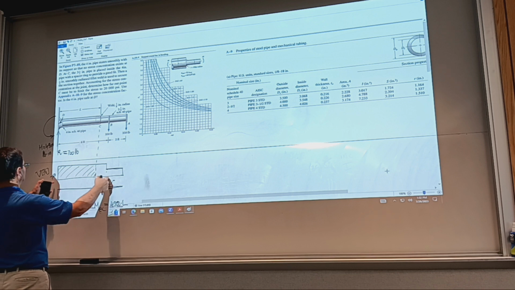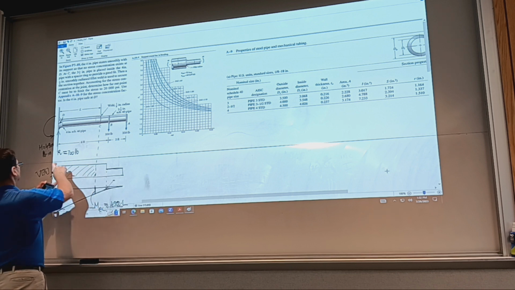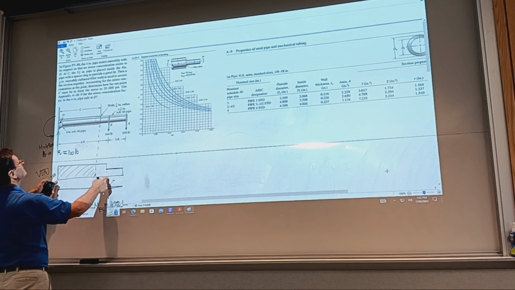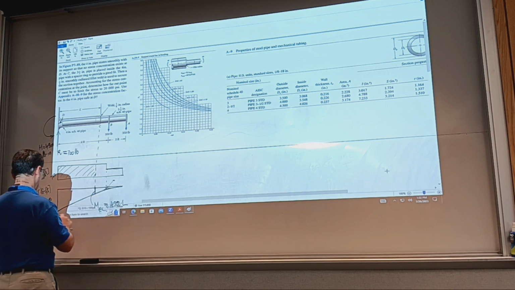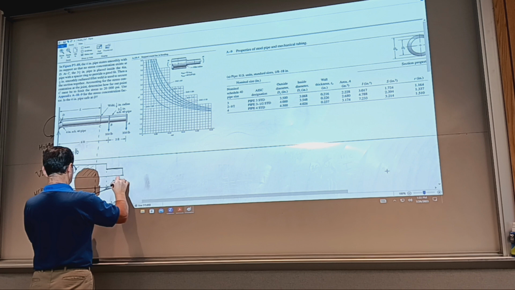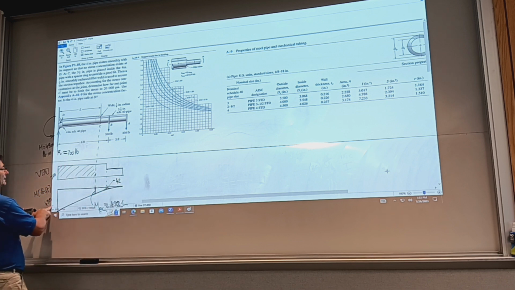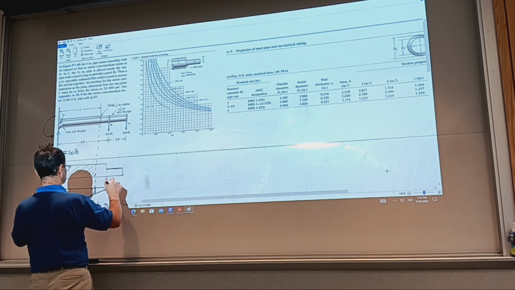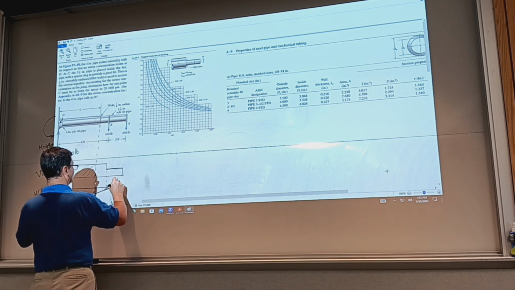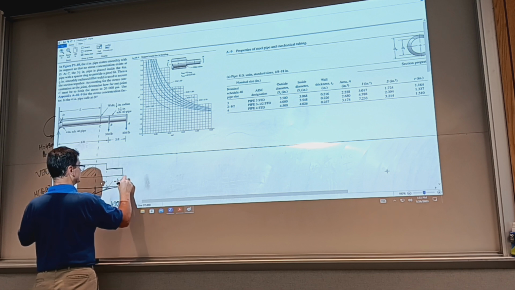okay, the moment here is the area under the shear. 700 times 6 feet. Well, I need to subtract this. That was the mistake. So this is going to be the change in moment. So it's going to be -4900.